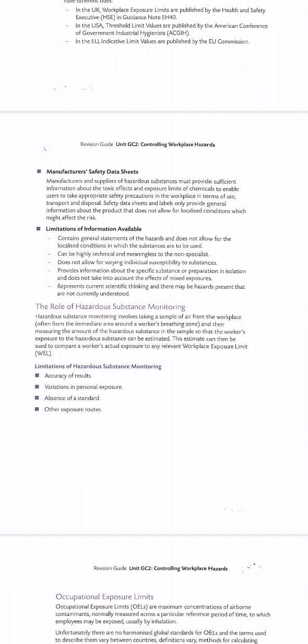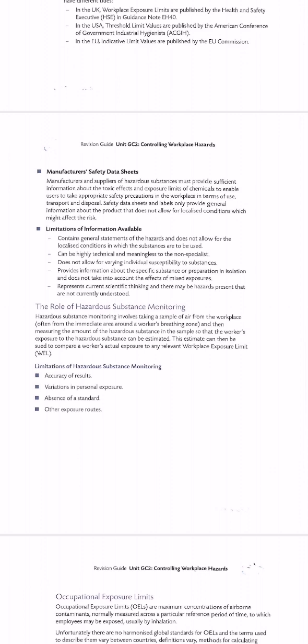Then we're talking about the limitations of the information available. The information available contains general statements of hazard and does not allow for the localized conditions in which the substance is to be used. It can also be highly technical and meaningless to the non-specialist.